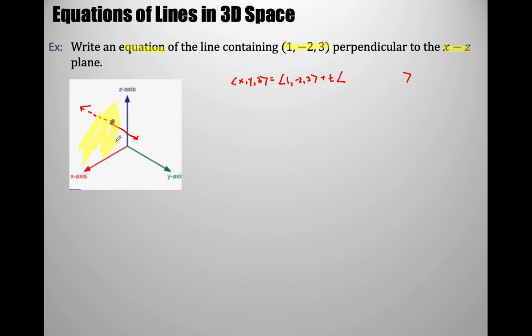But I need to get up to that point. Well, this is going to get me there. How about I draw a, what is this vector right here? Do you know what that vector is? That's the unit vector. What coordinates do the unit vector j have?